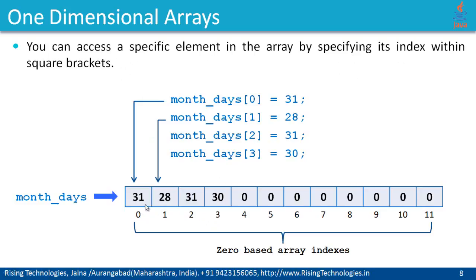Suppose I need to store value 31 at the 0th index of this month days array. So I can say month days of 0 equals 31. So this 31 value will be stored at 0th index. Similarly, if I say month days of 1 equals 28, so this 28 value will be stored at this particular array index, and so on.